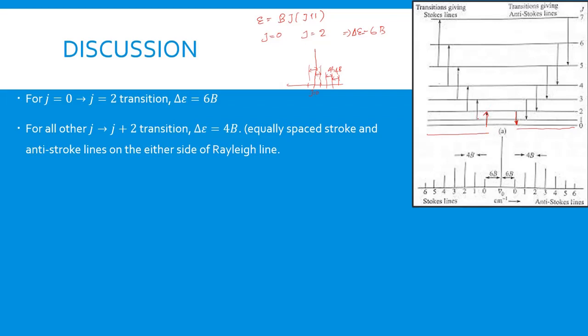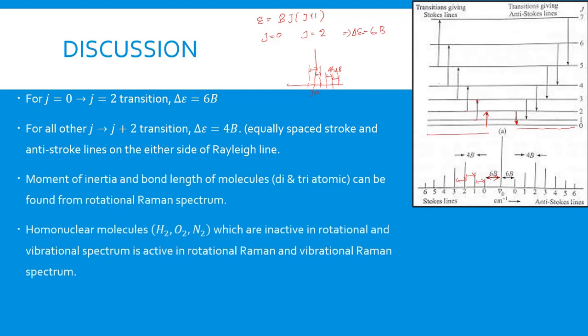And the transition can be from 1 to 3, it can be from 2 to 4, etc. Only the first transition, from 0 to 2, is separated from the characteristic line at 6B, and the difference between all the other transitions is 4B. So what we see in the spectrum is equally spaced lines on either side of the Rayleigh line.